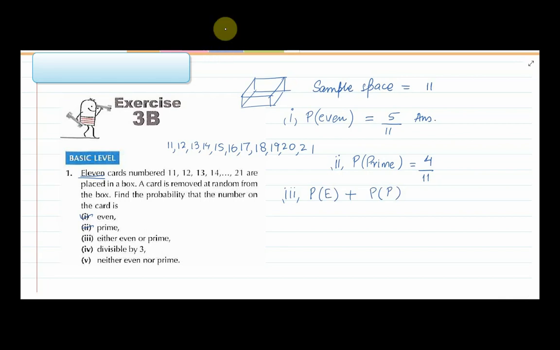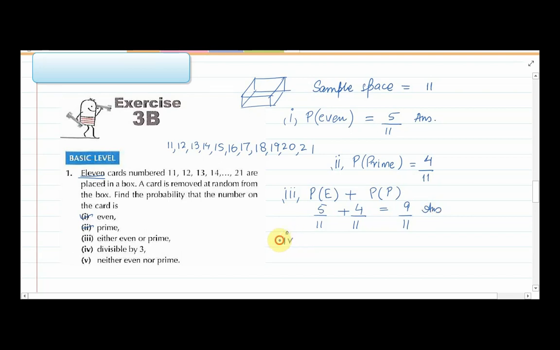The possibility of an even number is 5 upon 11, the answer of part 1. The possibility of a prime number is 4 upon 11. If you add these two, since the denominator is the same, it will be 5 plus 4, 9 over 11. That is your answer of the third part.